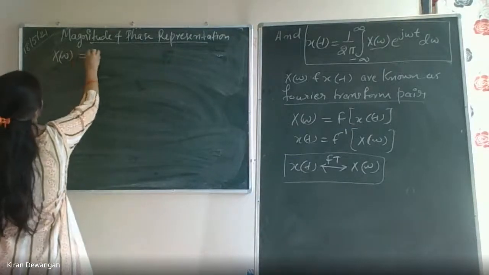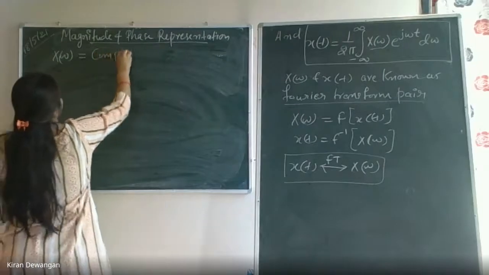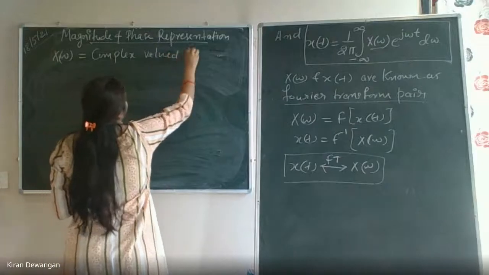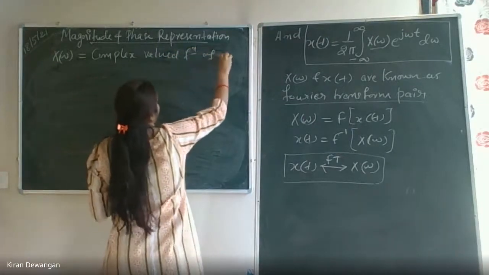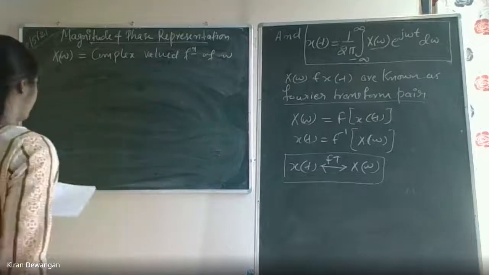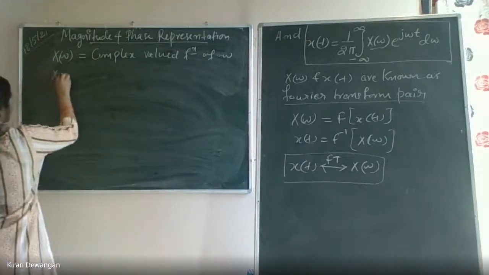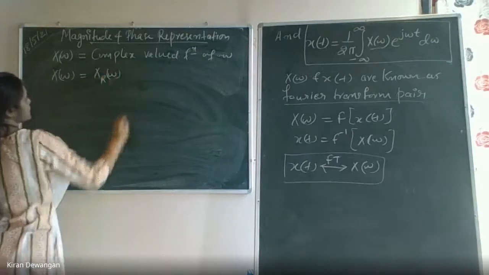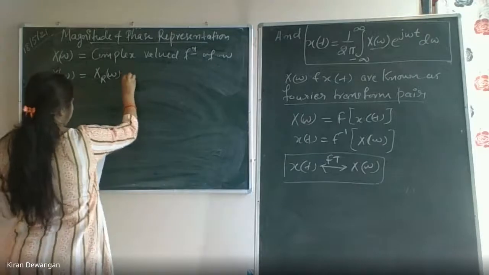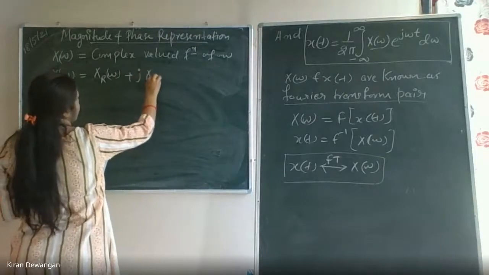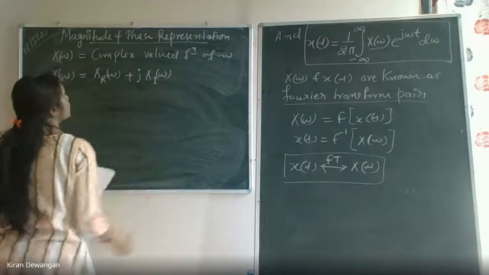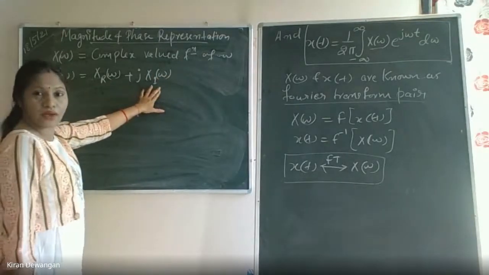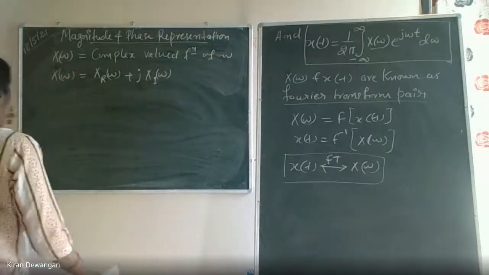Now we know that x omega is a complex valued function of omega. So we can write our x omega as xr omega, that is the real part of x omega, plus j xi omega. Now xr omega is the real part of x omega, and xi omega will be the imaginary part of x omega.